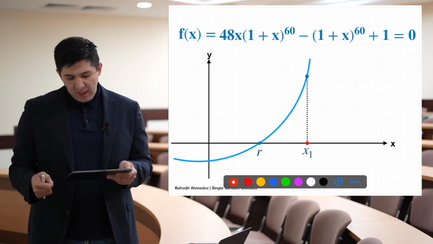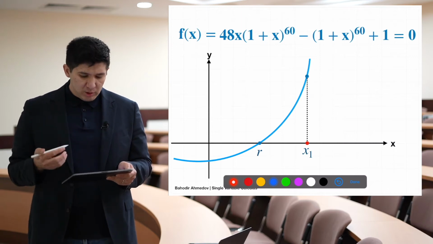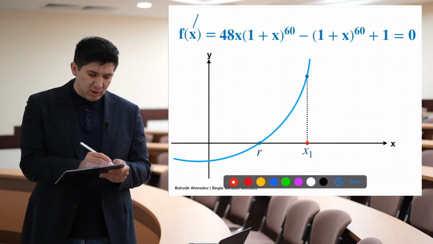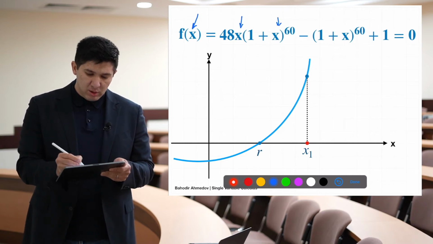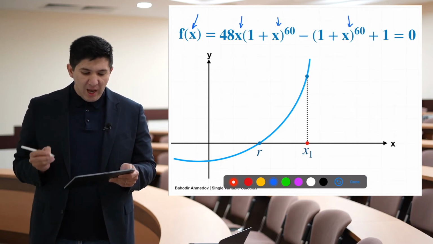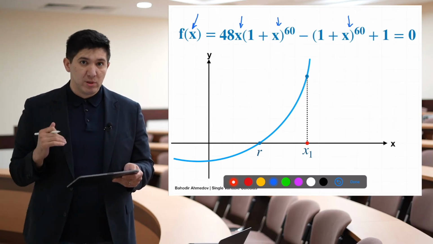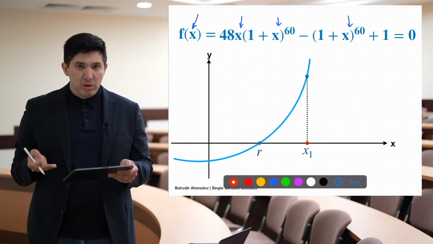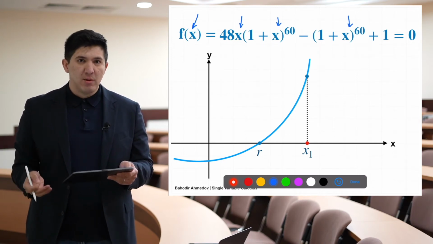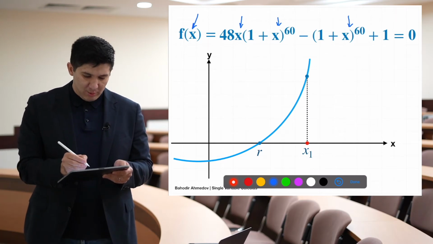You would just substitute it into the function and check whether this is equal to 0 or not, or check the height of this curve. Graphically, I see that the height of this curve is not equal to 0 at x1.